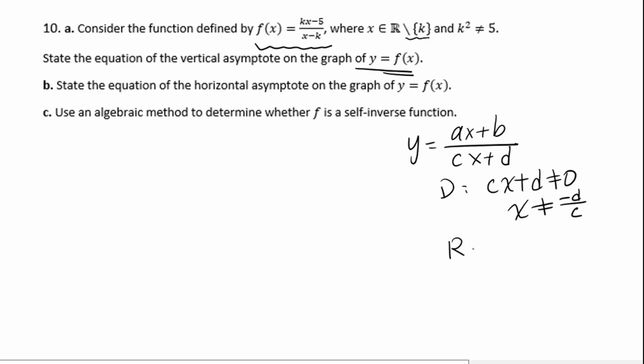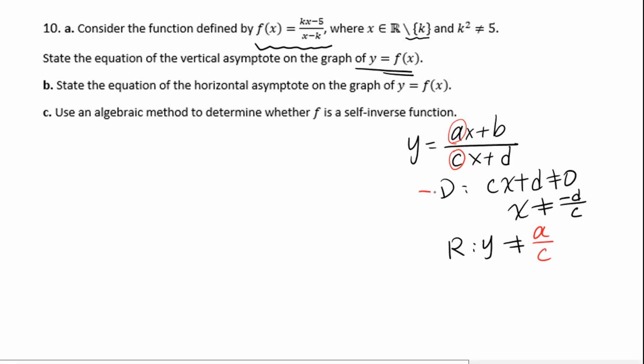For the range, y not equal to, look at the coefficient of x. You will get a over c. So y is not equal to a over c.